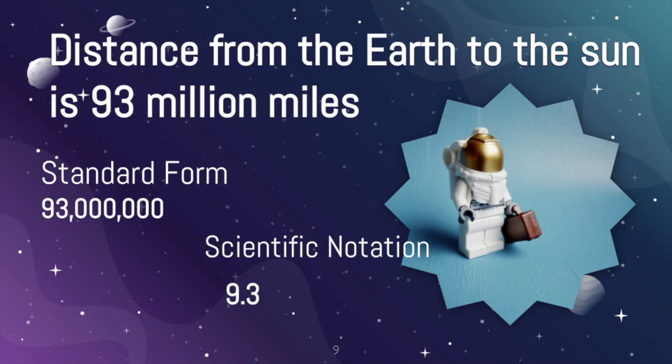And then base 10, so times 10 to the... Now we have to count the number of decimal places to the right. And it's 7. There are 7 places to the right of the decimal. So scientific notation for 93 million is 9.3 times 10 to the 7th power.